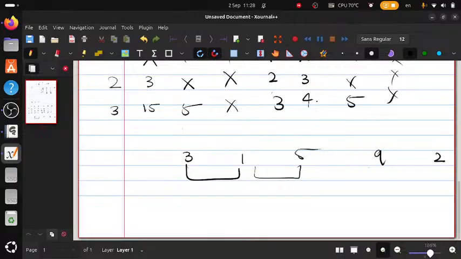Like these, any pairs. How the hell are we supposed to find? Let's think about.